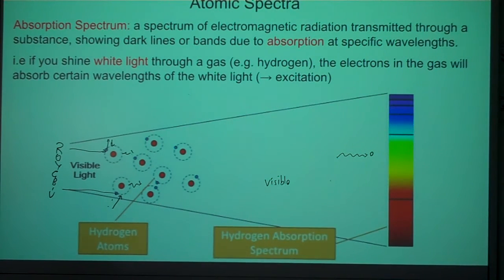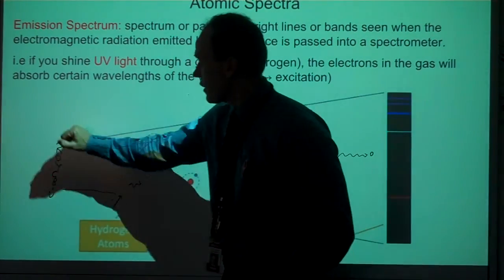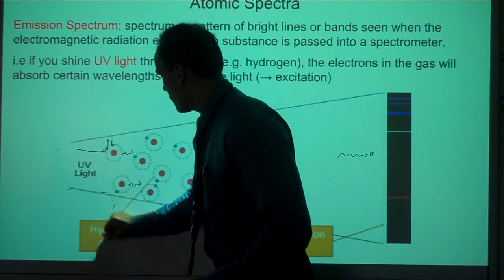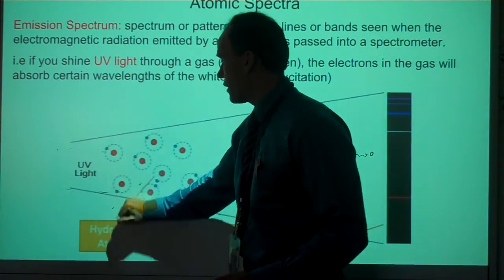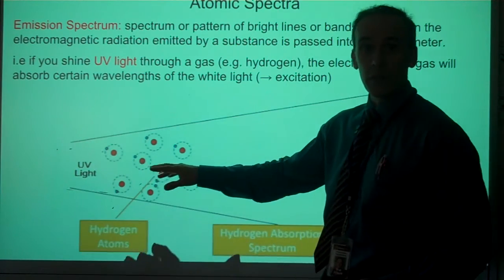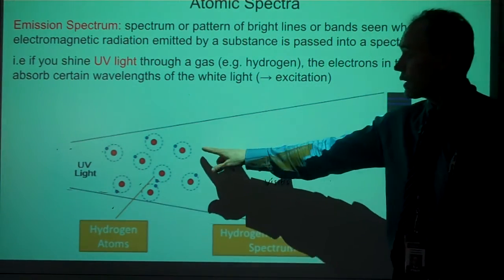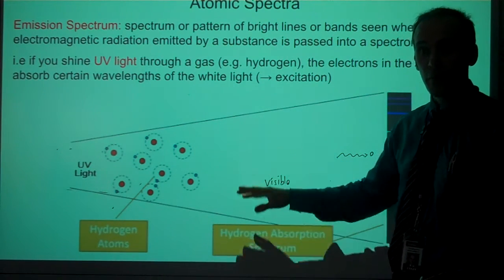Let's look at the flip side of that. Same situation, but this is UV light coming in. UV light coming in, electrons in a hydrogen gas cloud, absorbing some of the UV light wavelengths and jumping up and down, and then giving off coloured light when they fall back down.